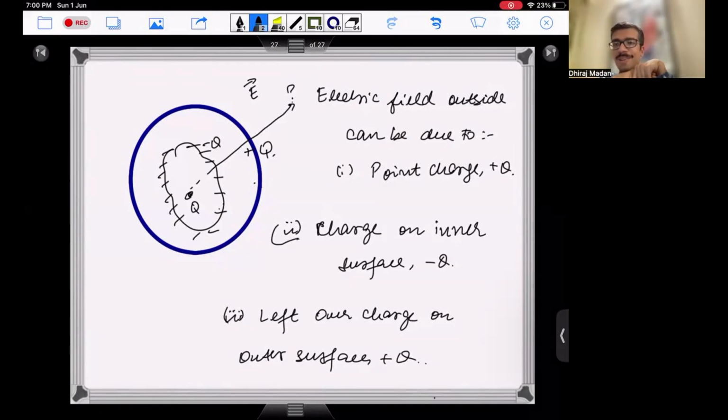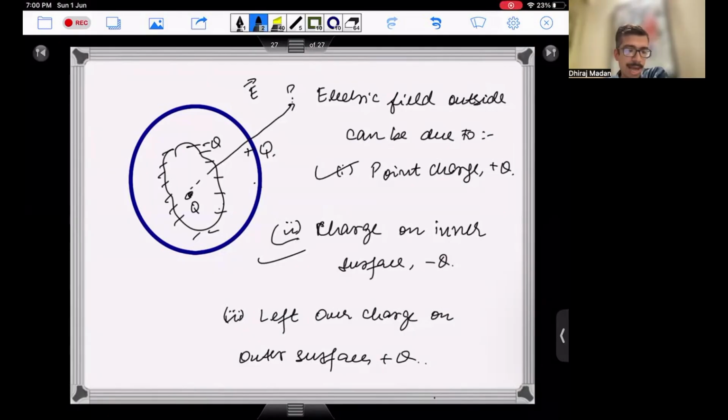How do we now compute the net effect? We can compute the effect of the point charge plus q. Well, that's easy, we can directly apply Coulomb's law. But what about the charge induced on the inner surface? This inner surface is an irregular surface, and it is very difficult to quantify the distribution on it. In fact, I haven't even specified the shape of the inner surface in the problem.